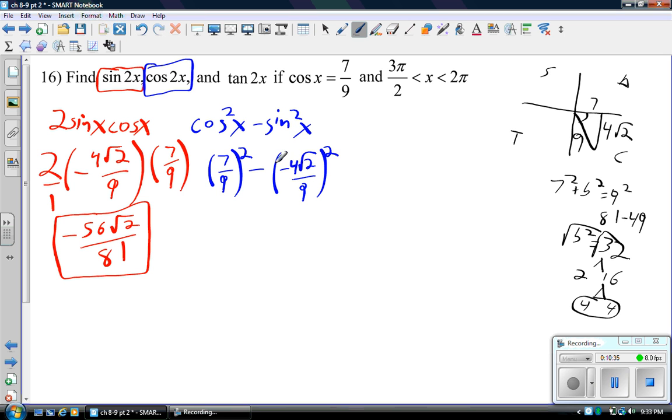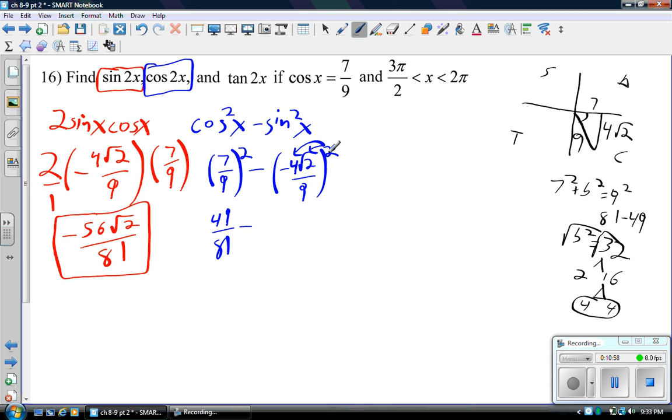All right, looks pretty nasty, but we can do this. We all took algebra 2. So when I square this, I square both. So this would be 49 over 81. The negative squared is going to become positive, but there's still a negative out in front, so it's going to stay negative. Remember, I really just square both of these. So that's going to be 16 times 2.